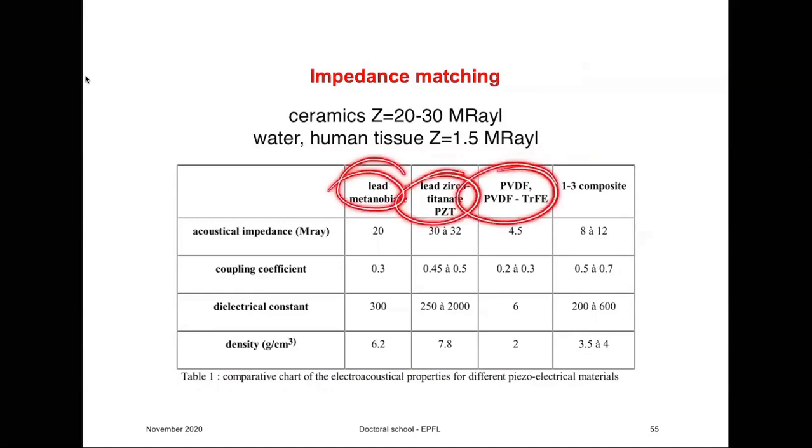So here are different materials. This is PVDF and its copolymers, and this is a 1-3 composite. I will explain that later, but it's a composite of ceramics and polymer. And you see that acoustic impedance for ceramics is very large, for polymer is, as expected, very low, and for 1-3 composite is intermediate.